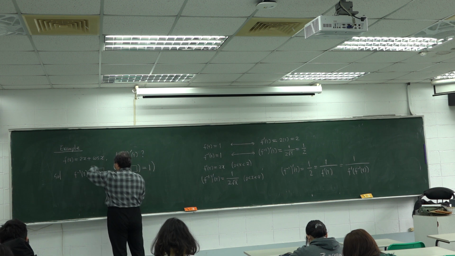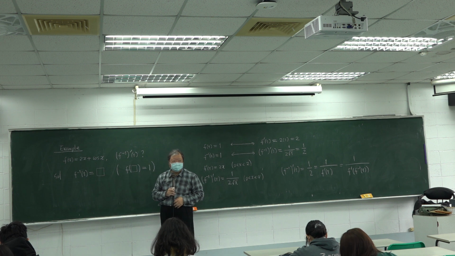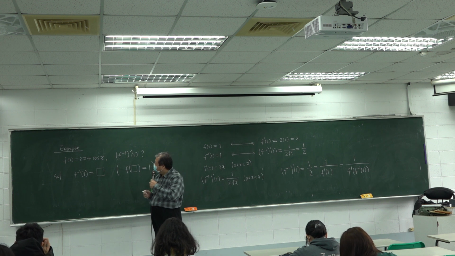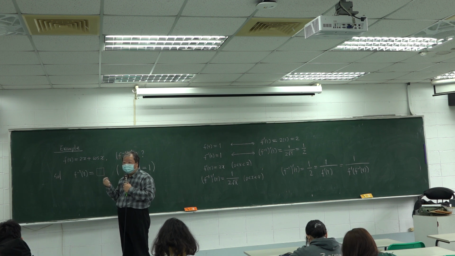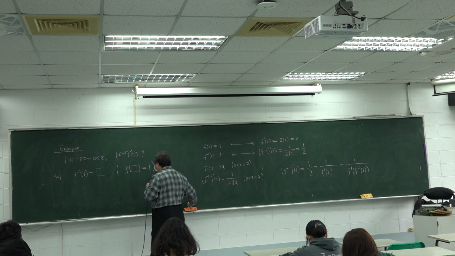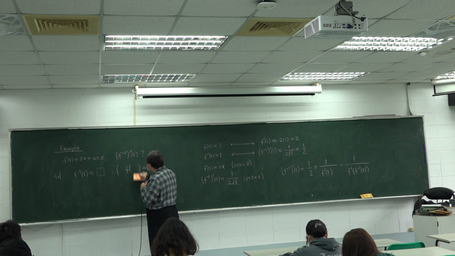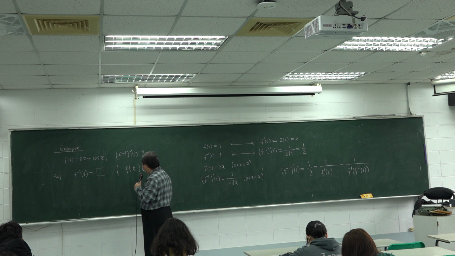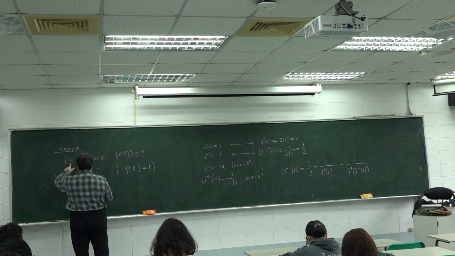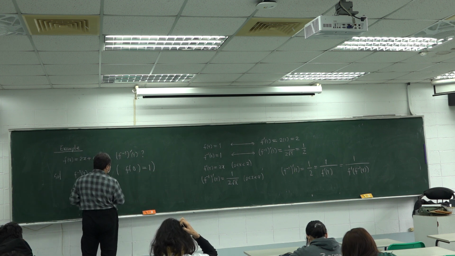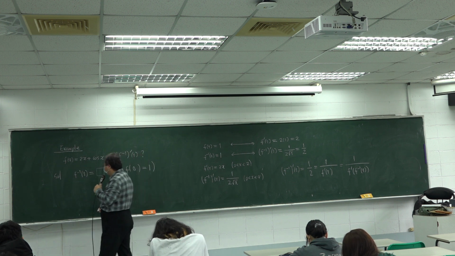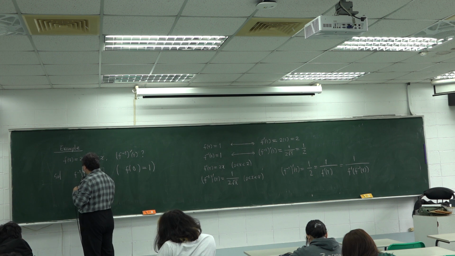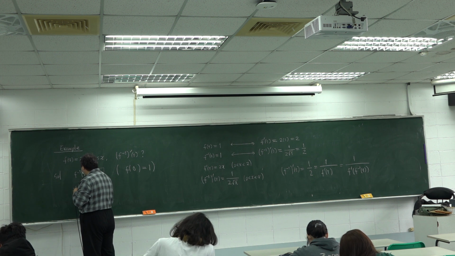If the value of this function is 1, x will be 0. By inspection, when x is 0, then this is 0. Cosine 0 is 1. Of course, maybe we should check this function is a one-to-one function by checking its derivative.